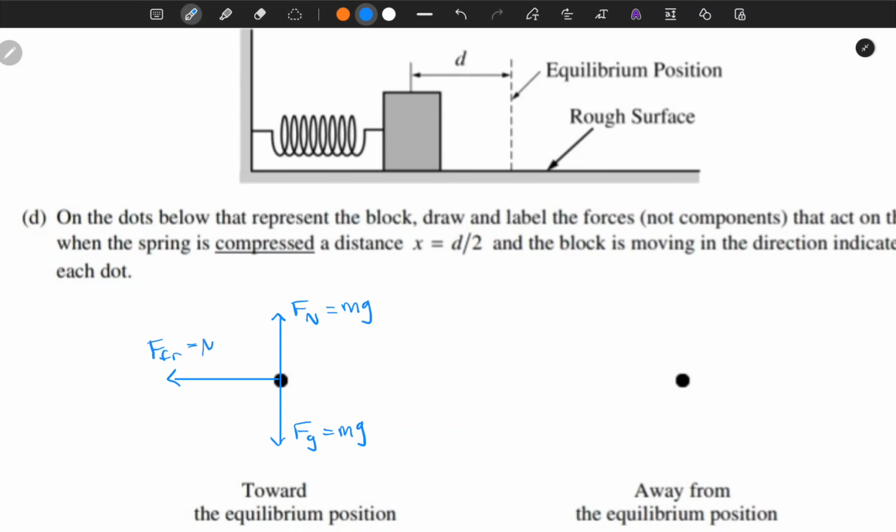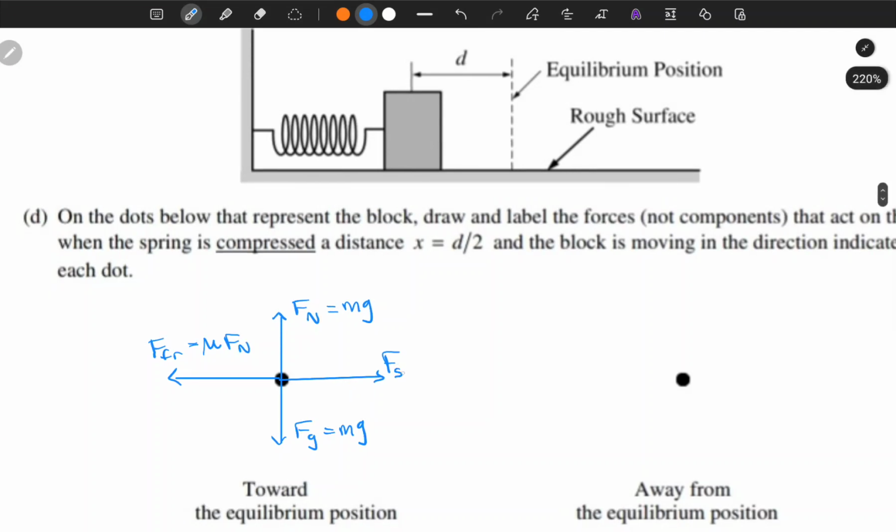And this is equal to mu times F of n, where mu is the coefficient of friction of the floor and the block. And pointing to the right, we find that the spring constant is what causes the block to move towards equilibrium. So this force, FSP, is equal to K d over 2. So the spring constant is directly related to the spring force.